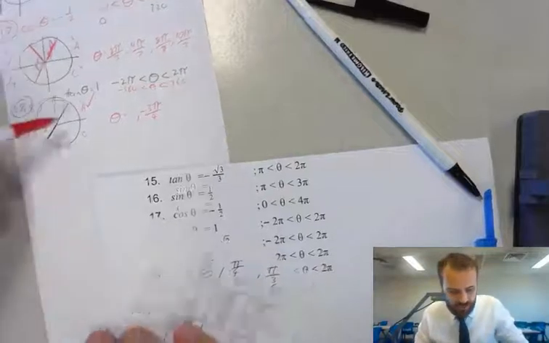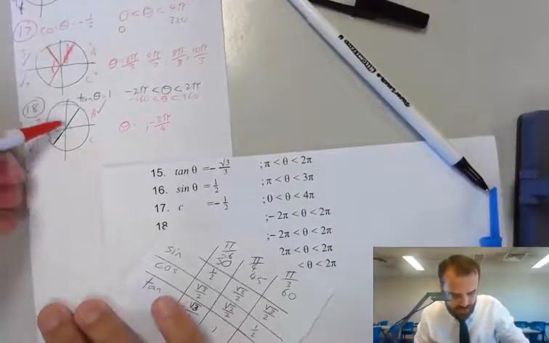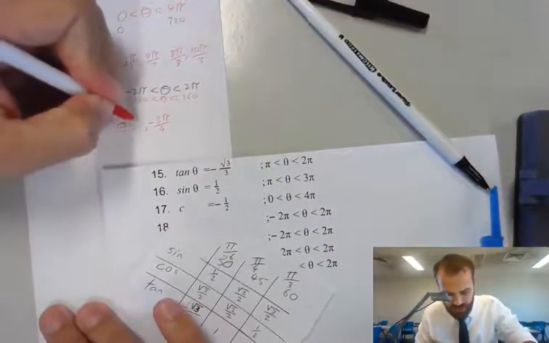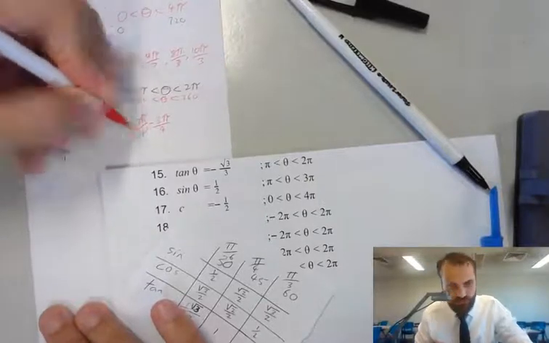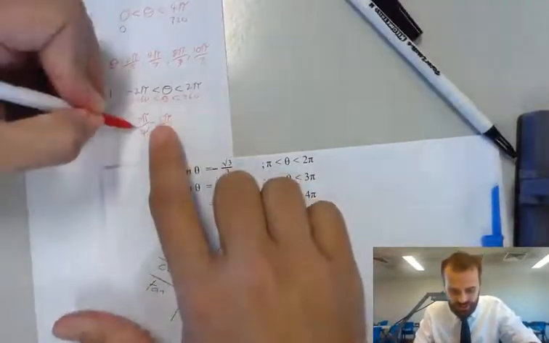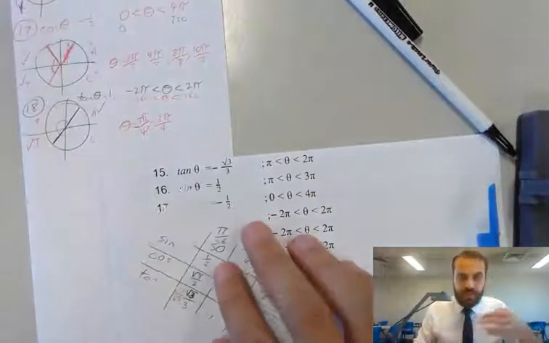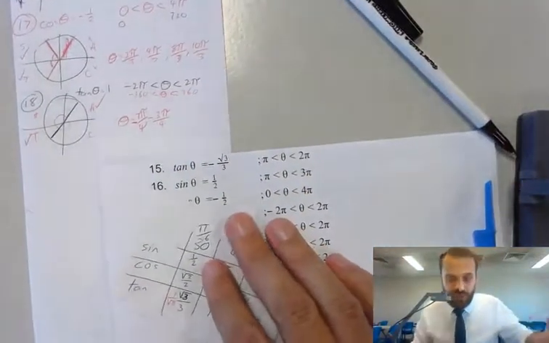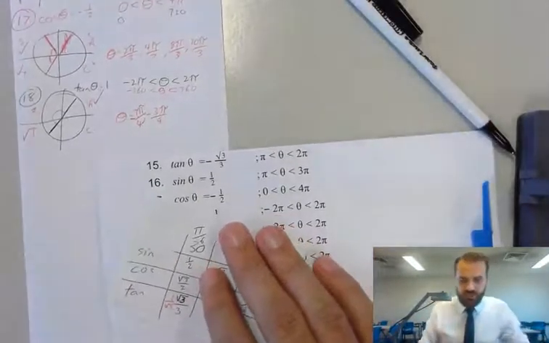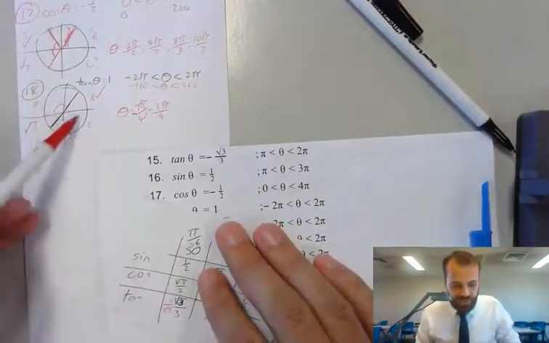That's this one here, all the way from here to here. Negative 7 pi on 4, there's our second answer. Now I've put that one first because that's a negative with a larger magnitude. It's the first negative. Negative 7 pi on 4. Negative 3 pi on 4.